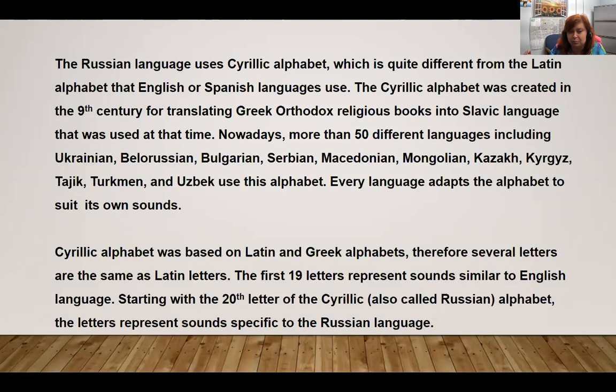Starting with the 20th letter of the Cyrillic alphabet, Cyrillic. I said Cyrillic because Kirill is the founder of the alphabet. Those letters represent the sounds that are specific to the Russian language.